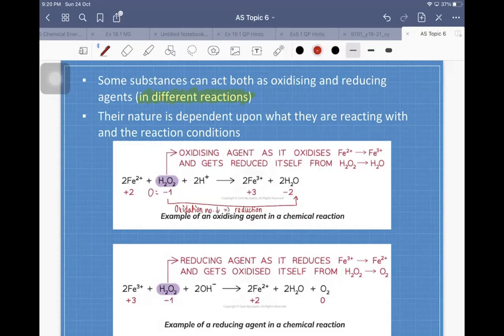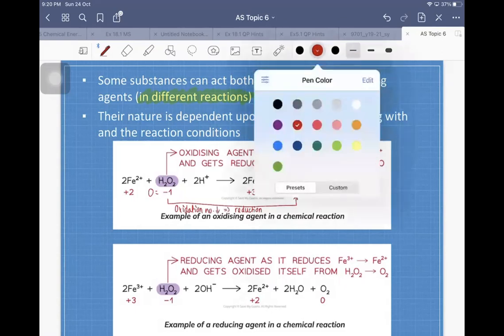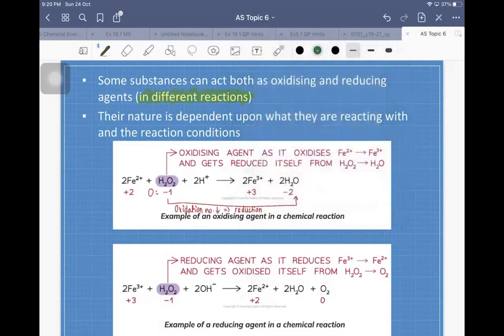Iron, you go from Fe +2 to +3. That is an increase. That's an obvious increase. Oxidation number increases. Therefore, it is an oxidation.